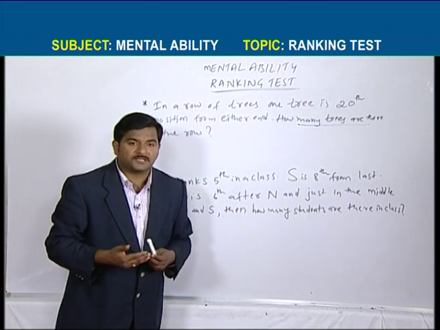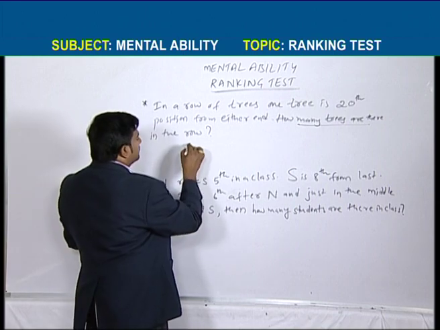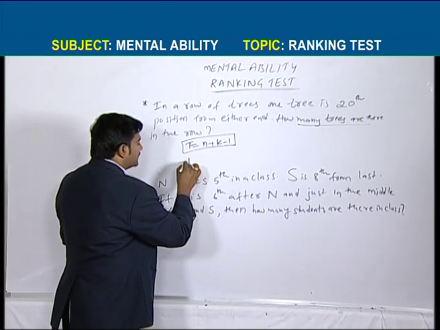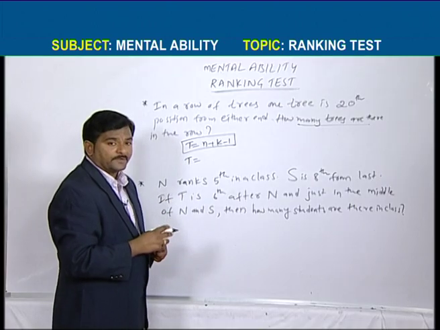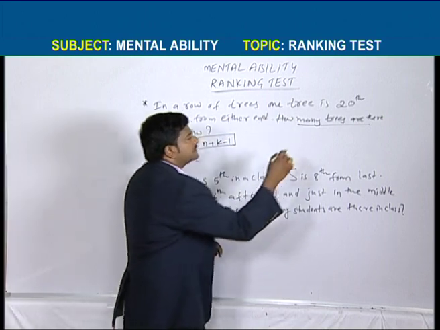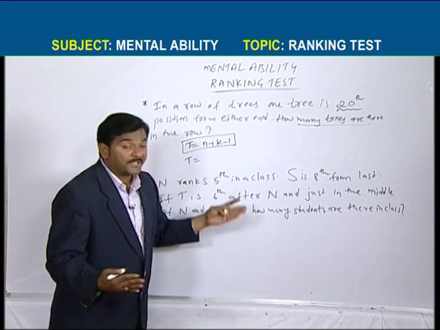How many trees are there in the row means we have to find the T value. So the usual formula is T is equal to n plus k minus 1. This is the formula, no issue with this. We have to find the T value only. In a row of trees, one tree is at the 20th position from either end.